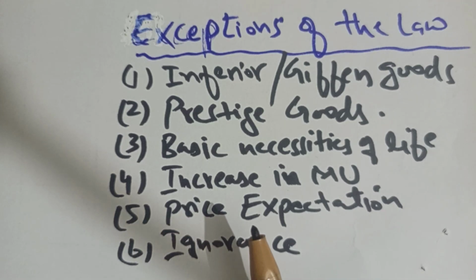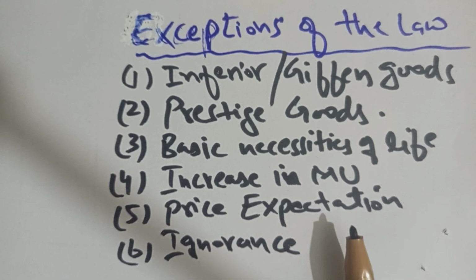Number 5, price expectation. In case of price expectation, it means if people expect a further rise in the price of a particular commodity, they may buy more in spite of the rise in price. The violation of the law in this case is only temporary, or it may be the fear of shortage.